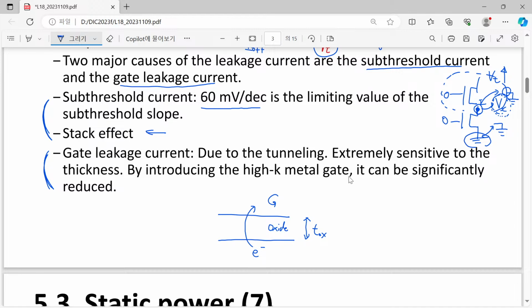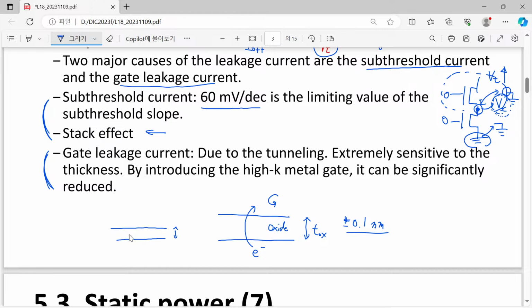It is extremely sensitive to the thickness. If you have just plus or minus 1 angstrom difference, that will make a measurable difference in your gate current level. So it is not possible to reduce oxide thickness extremely.